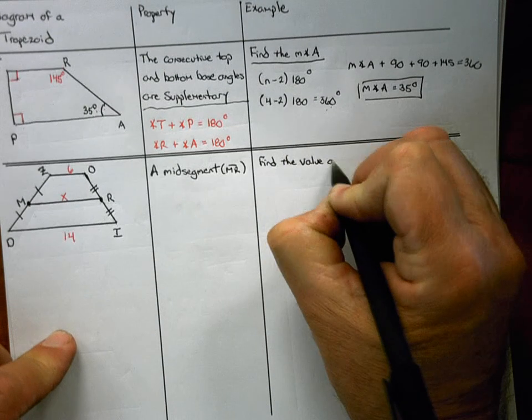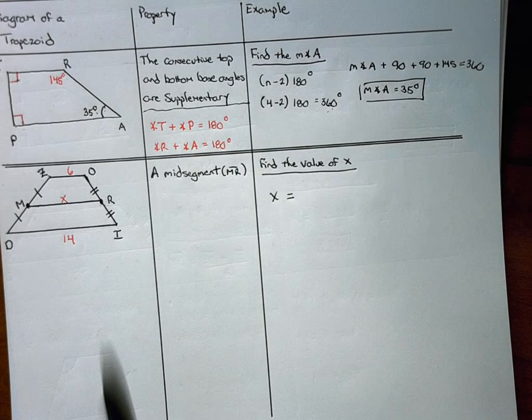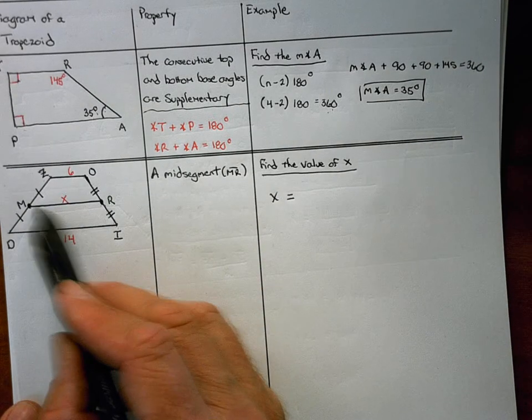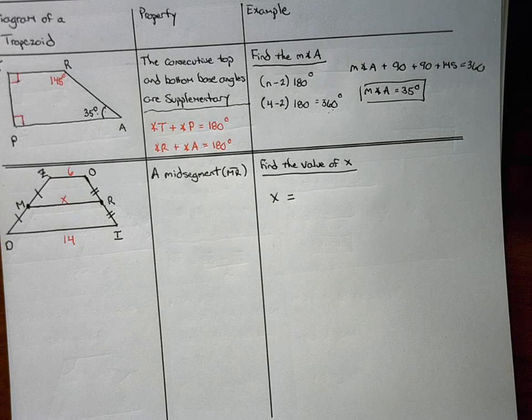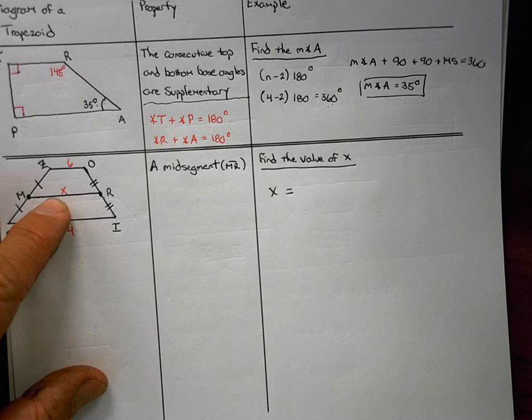Okay? X equals. X is right in the middle. MR, which is a mid-segment, is right in the middle. So what number is right in the middle between 6 and 14? 10.